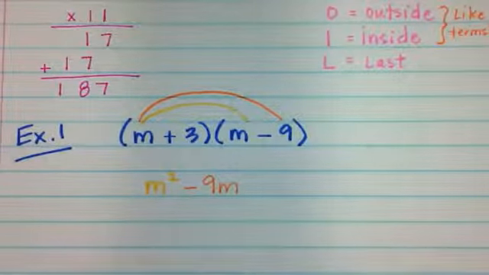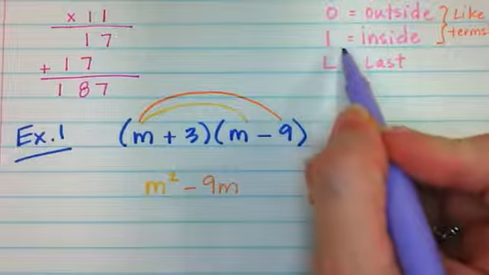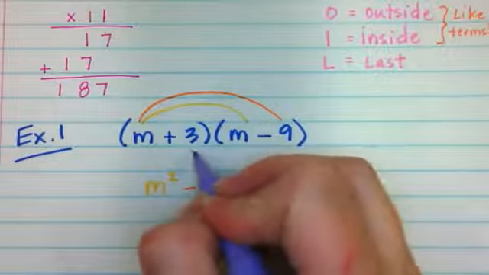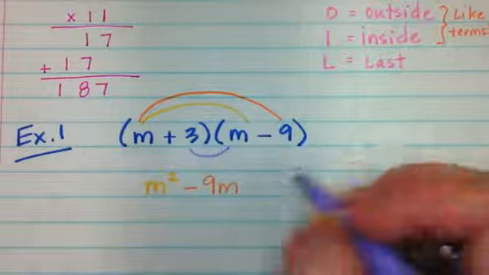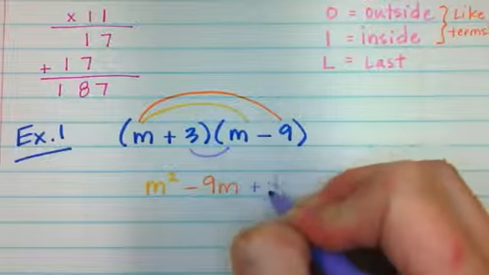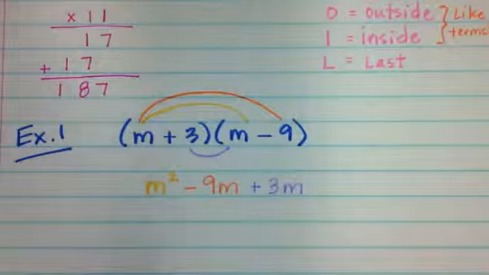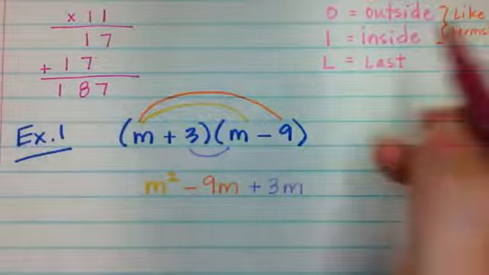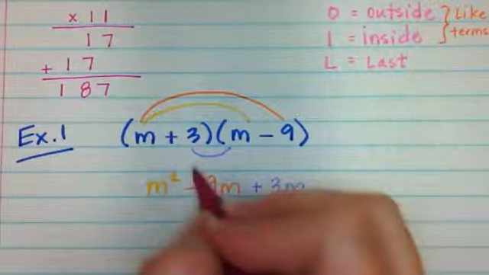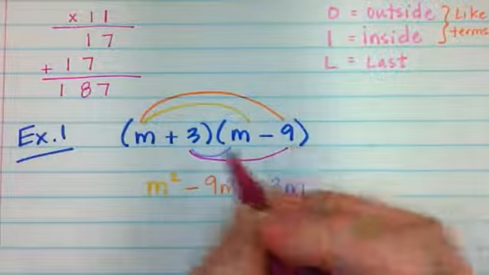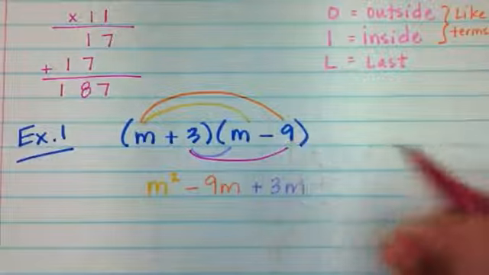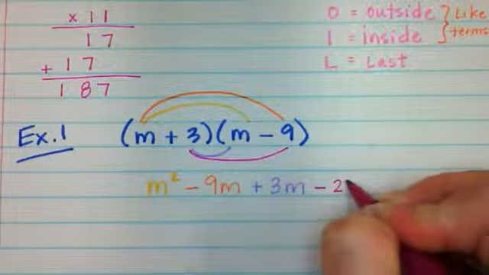Our next step in FOIL is to multiply the inside terms together, and that's 3 times m, which is positive 3m. Then our last step is to multiply the last terms together, which is 3 times negative 9, which would be negative 27.